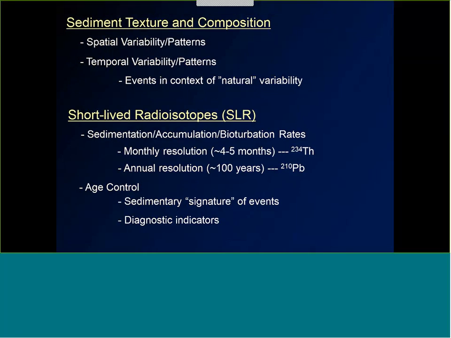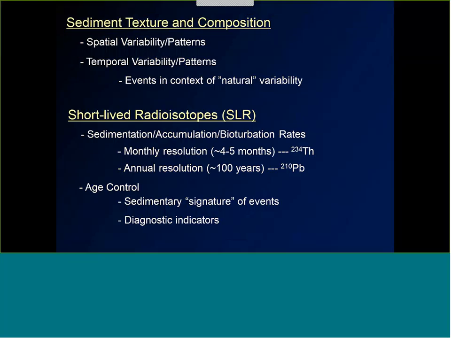Sediment texture and composition can give us information regarding spatial and temporal change, variability through time, and our geochronology or age dating. We use short-lived radioisotopes to determine sedimentation and accumulation rates. Sedimentation rates and accumulation rates are two different things. Accumulation is how fast the sediment is accumulating. Sedimentation basically is the rate of sediment input into the system, but not all of it accumulates all the time.